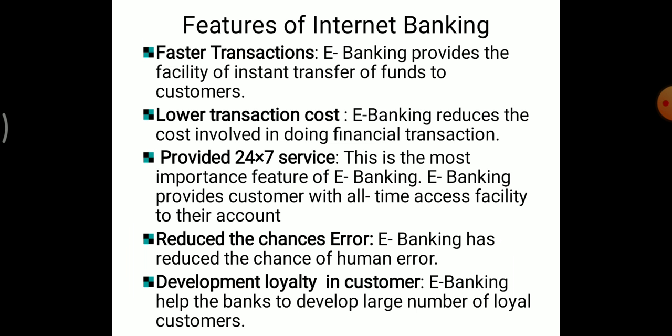The second one is lower transaction cost. Internet banking reduces the cost involved in doing financial transactions. Electronic transactions are termed the cheapest medium of doing a transaction. It has reduced the manpower requirement as workload is reduced, and the whole transactions are done online over the internet.